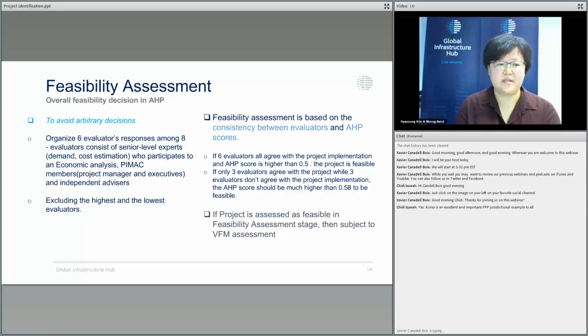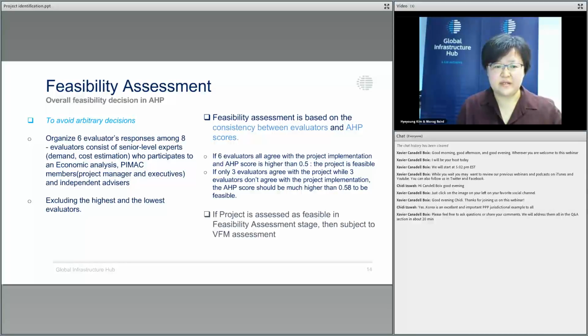It is necessary to avoid arbitrary decisions, so we organize 6 evaluators' responses, because the highest and lowest evaluators need to be excluded. And after the analysis, the final feasibility assessment is based on the consistency between evaluators and the AHP scores.